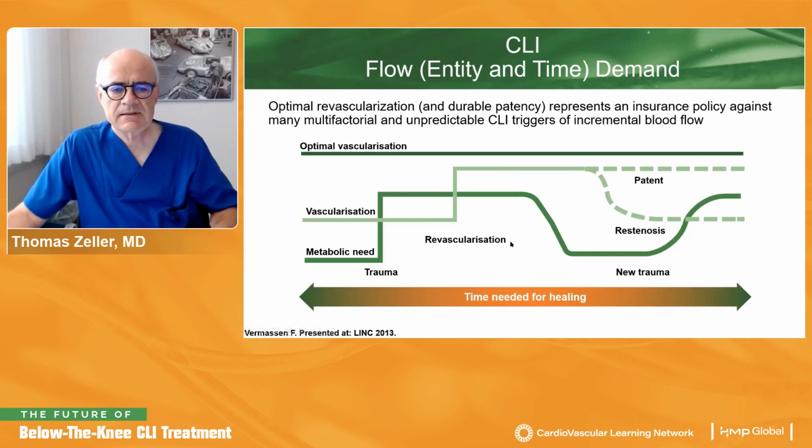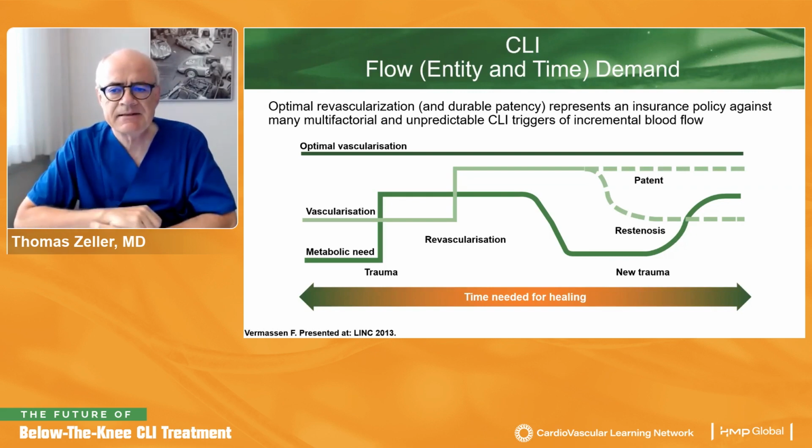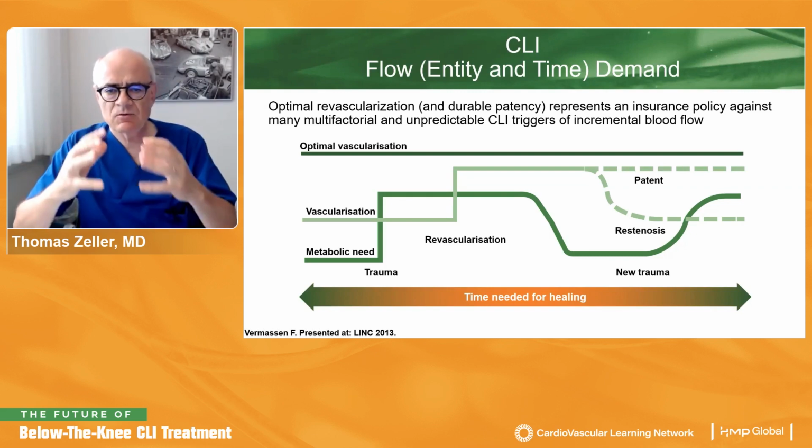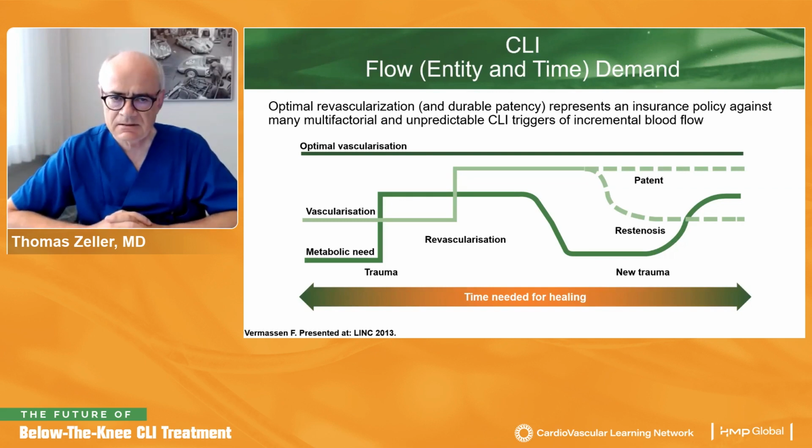It's important that we need to improve the tissue perfusion for a given time period, which is the reason why patency does matter. So we need to guarantee an unstenotic target lesion for at least the time the wound needs for healing.